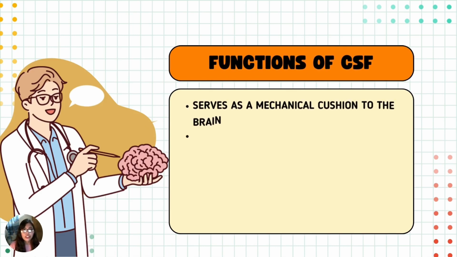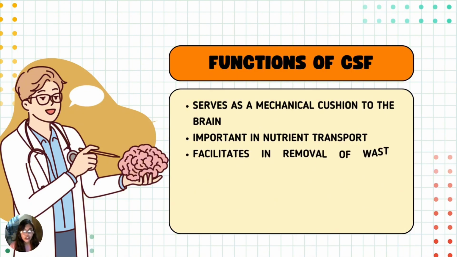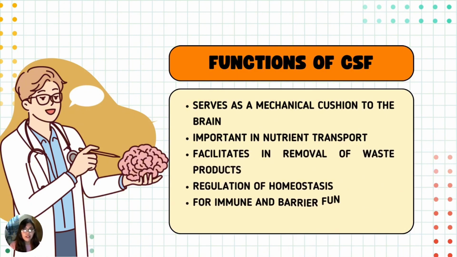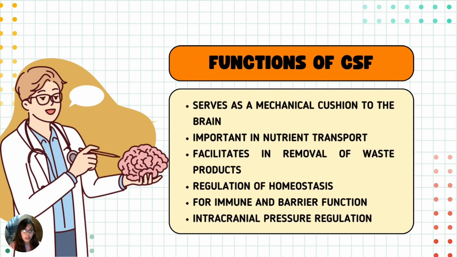For the functions of the CSF, first, it serves as a mechanical cushion to the brain. It absorbs shock and it protects the brain and spinal cord from injury due to sudden movements or trauma. Next, it is important in nutrient transport.